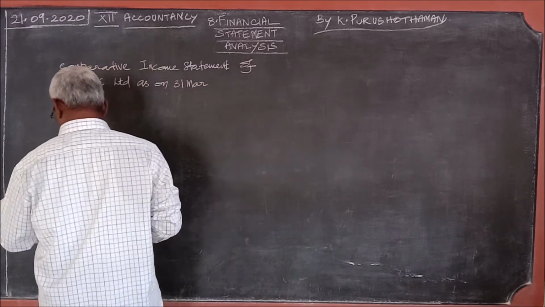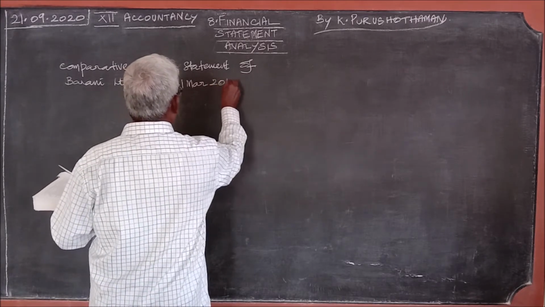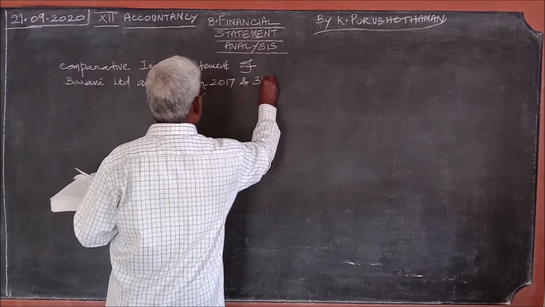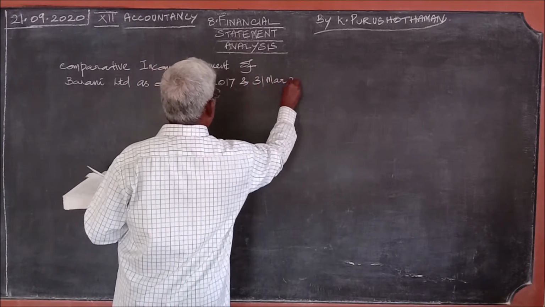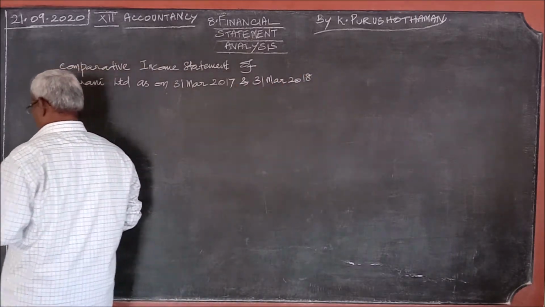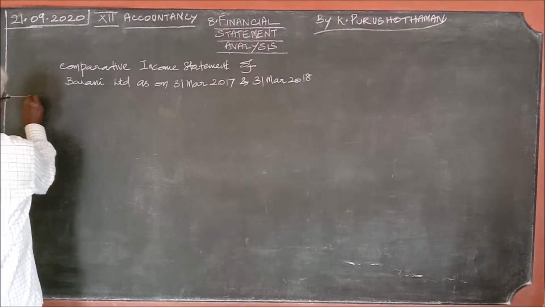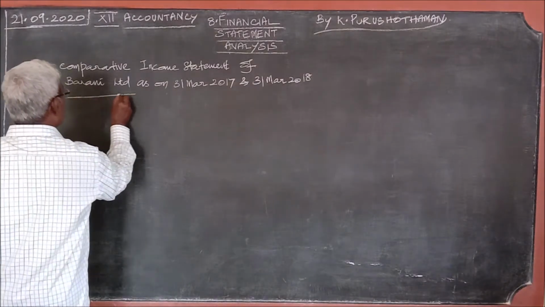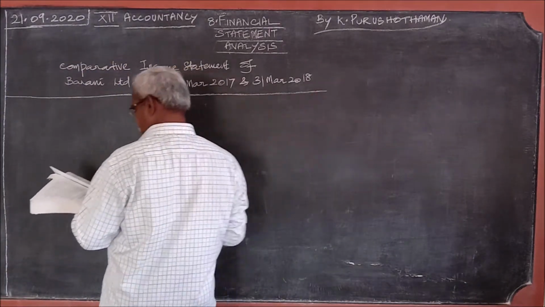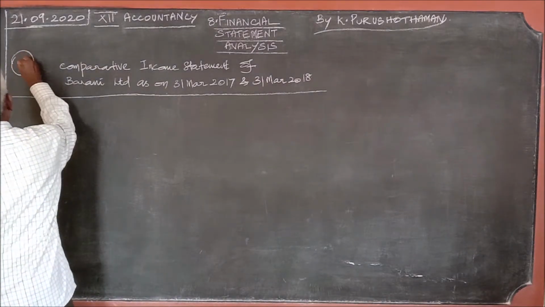March 2017 and 31st March 2018. And what are the columns to be opened? The first one for particulars, this is problem number 2 from the exercise.